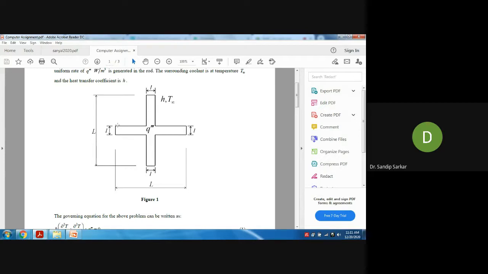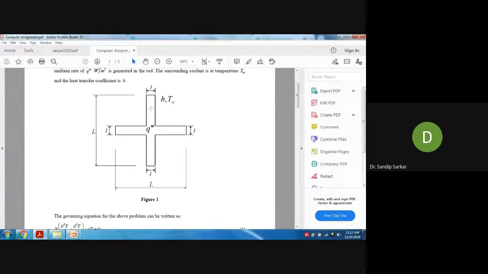Also the thickness, which is small l here, here, here, and here. This is the lateral thickness, or you can say width, which is small l. So all are of uniform thickness.